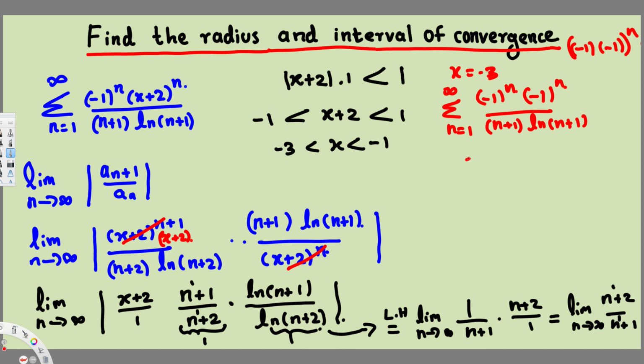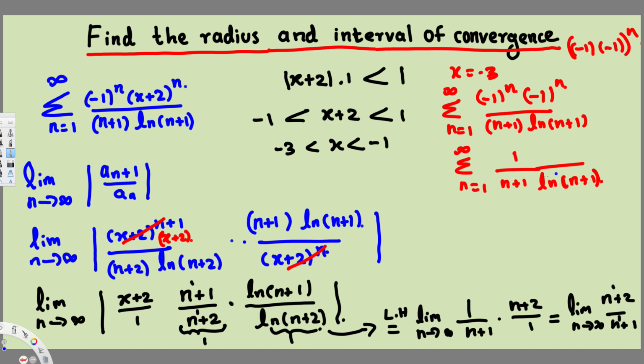So this is going to be the sum from n equals 1 to infinity of 1 over (n plus 1) ln(n plus 1). You may have already noticed that we have the derivative on the top. So whenever you see something like this, the first thing we try to do is the integral test to find out whether this converges or diverges.